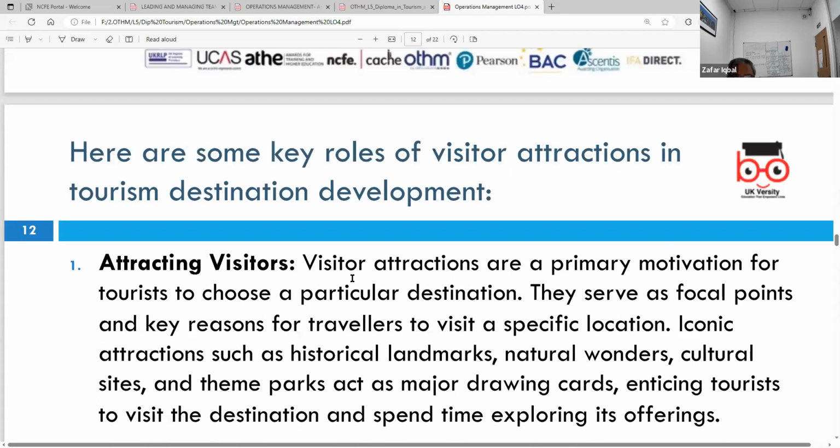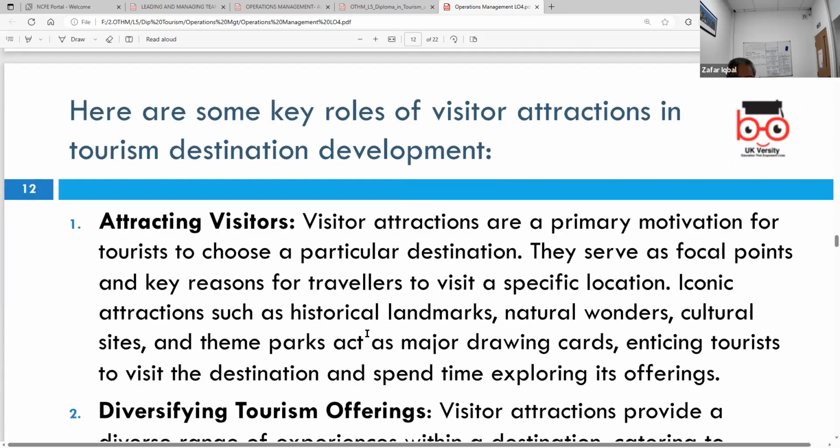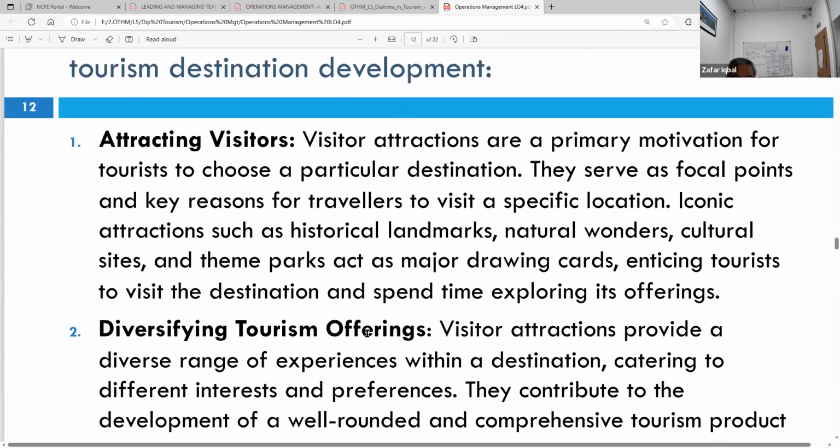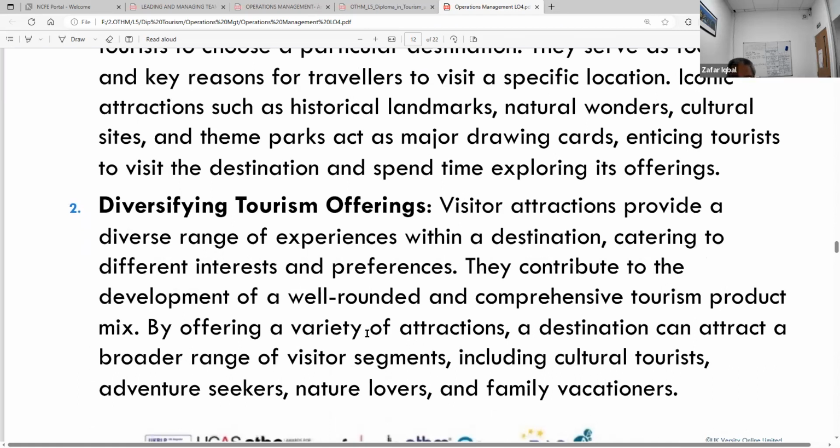So when we are looking at the key roles of visitor attraction, we should make sure that it's a place people should remember and explore what it's offering. Secondly, it provides different experiences for different people. It should provide a good or different experience to a lot of people.